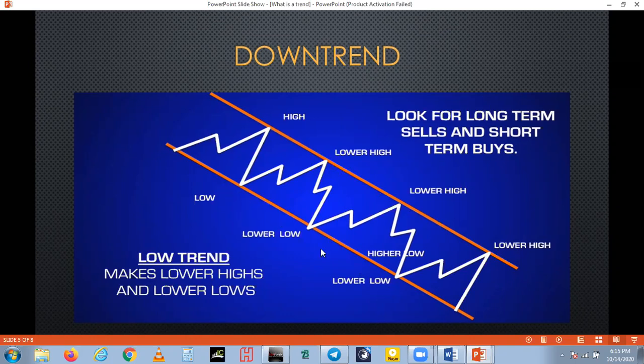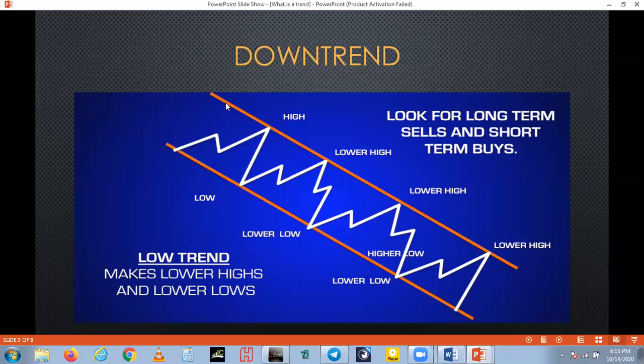So it's going lower low, and then this is a lower high. Lower low, lower high. So when price is making a lower low, lower high, let's start from here. Lower low, lower high, lower low, lower high. So lower low, lower high, that's a downtrend. So you look for long-term sells in a trend like this and short-term buys.